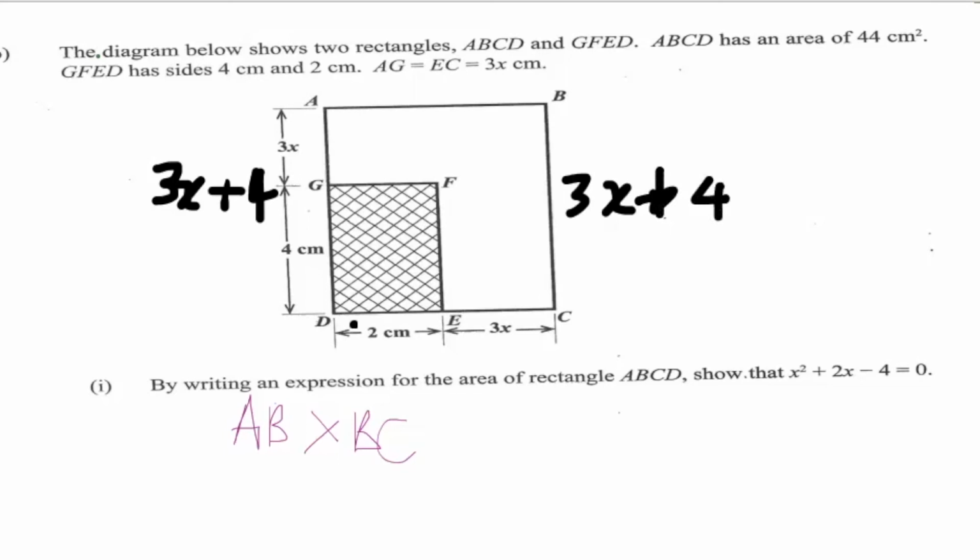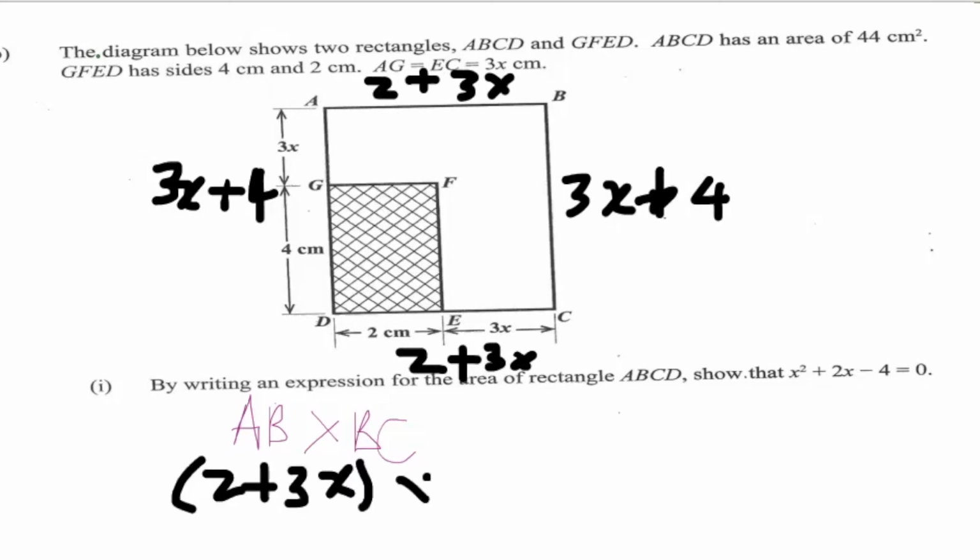Just like here, if DE is 2 centimeters and EC is 3x, then the entire width is 2 plus 3x. And it means that AB is 2 plus 3x. If I'm finding the area, it is going to be 2 plus 3x times BC, which is 3x plus 4.